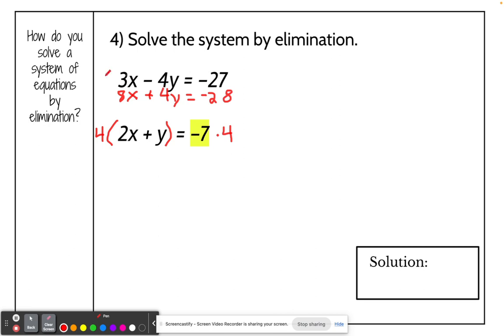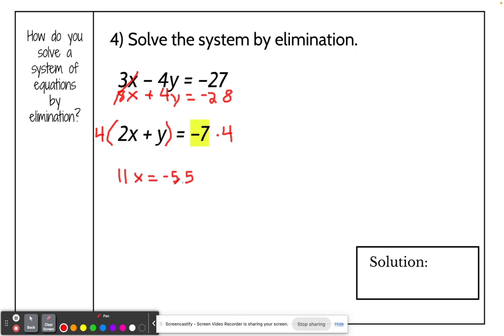When I add these two equations together, 3x plus 8x is 11x. Negative 4y and 4y, 0. Negative 27, negative 28 is negative 55.